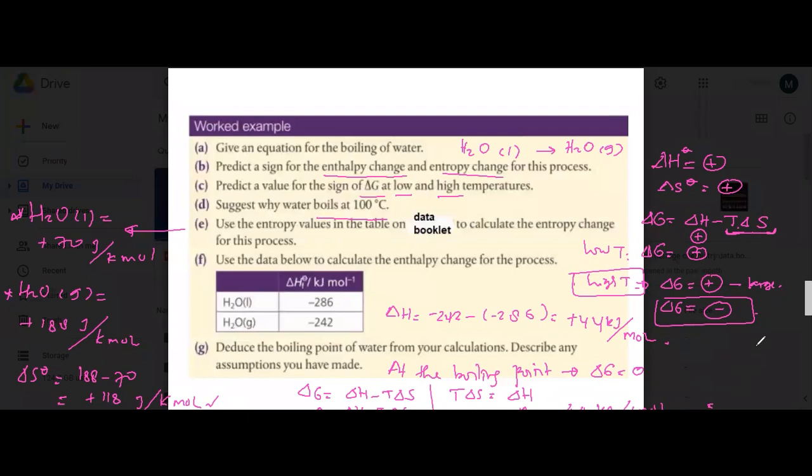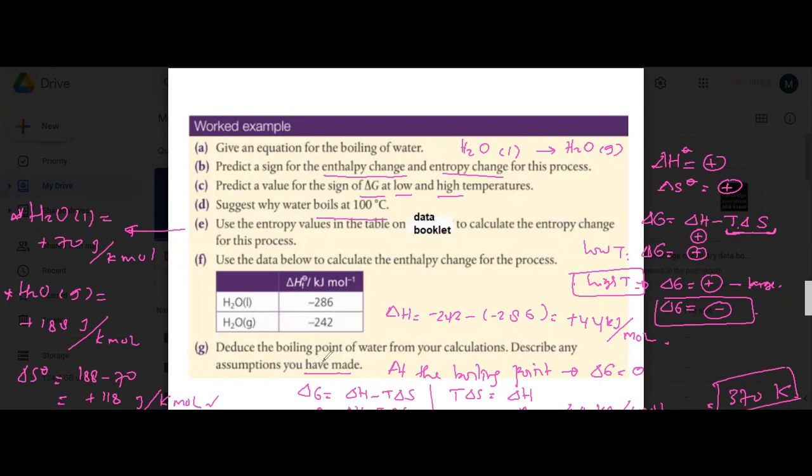Use a calculator. 370 Kelvin. So we assume that the boiling point of water from our calculation occurs at 370 Kelvin.